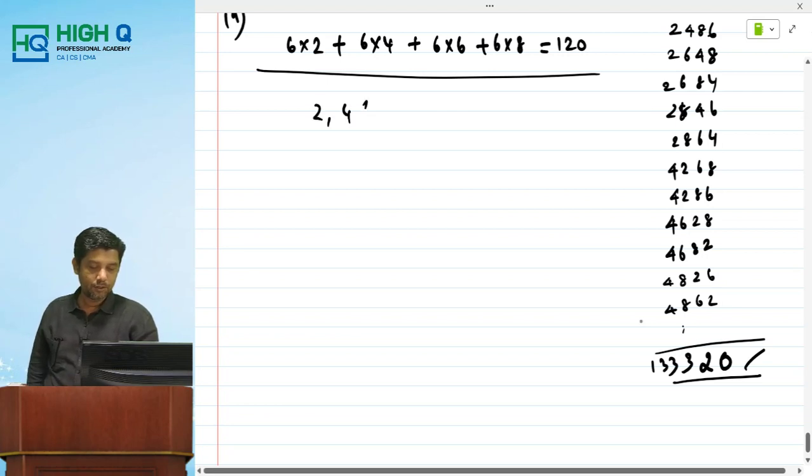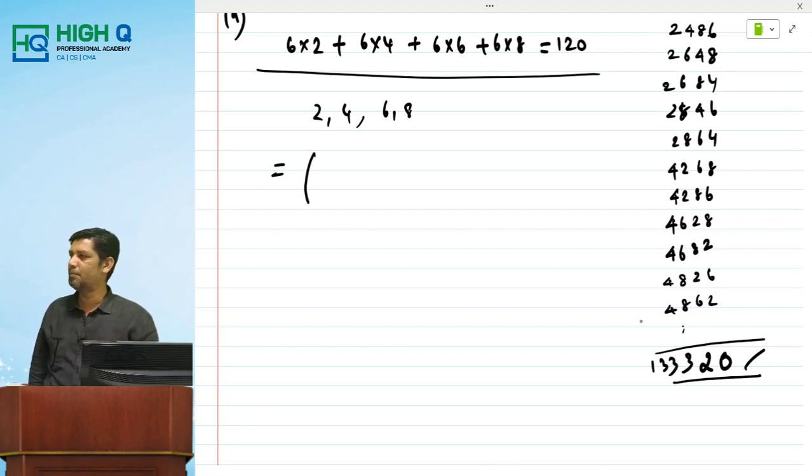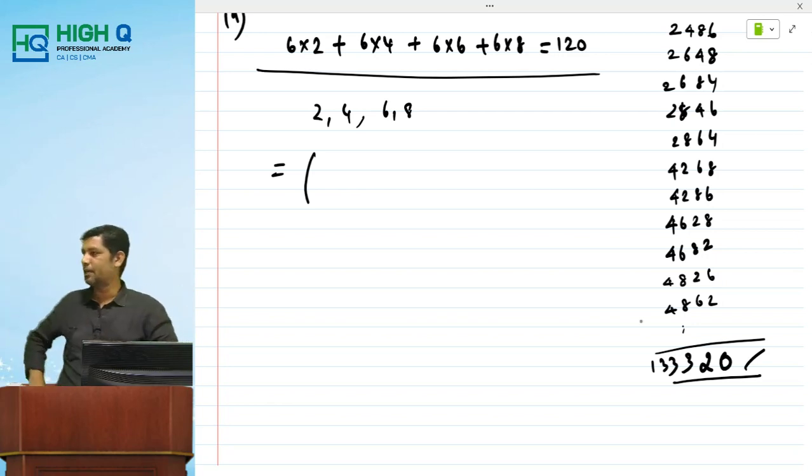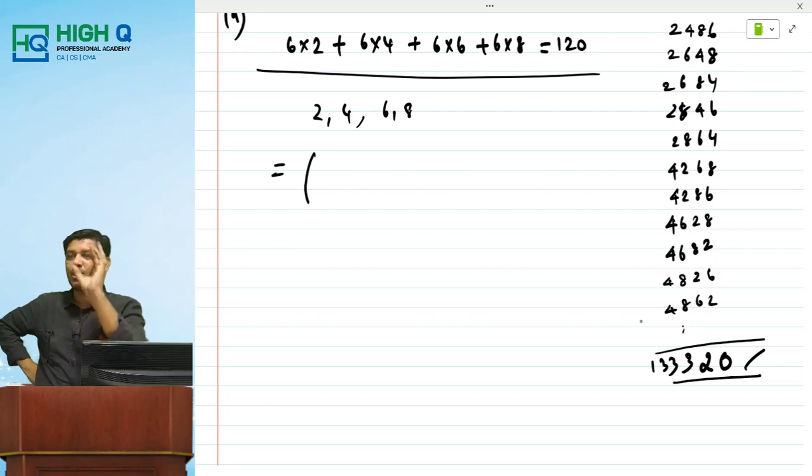2, 4, 6, 8. Whenever they ask you to find out the sum of digits, just follow what I am saying. What will be the first number? The smallest number. In the 4-digit number, using these 4 digits, what is the smallest number? 2, 4. What is the greatest number?